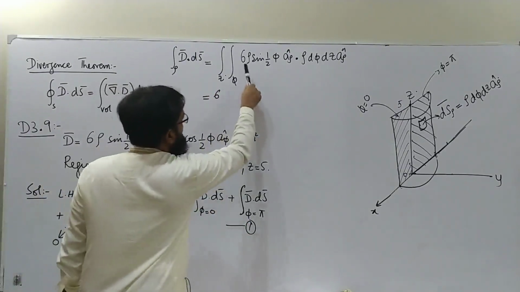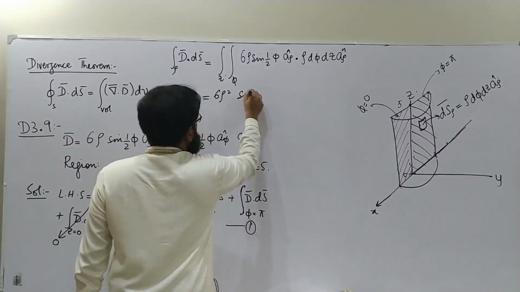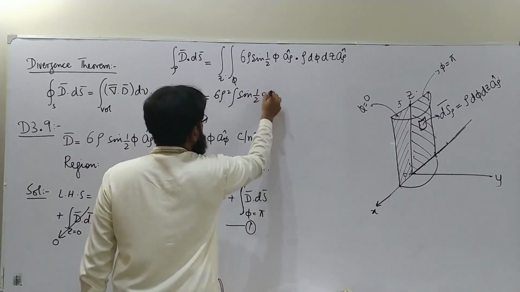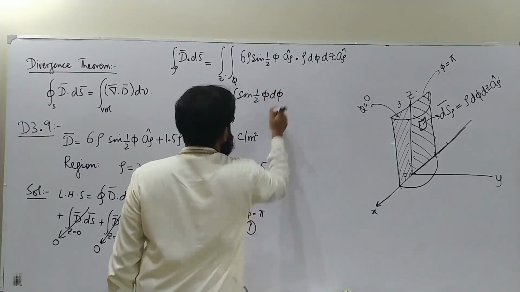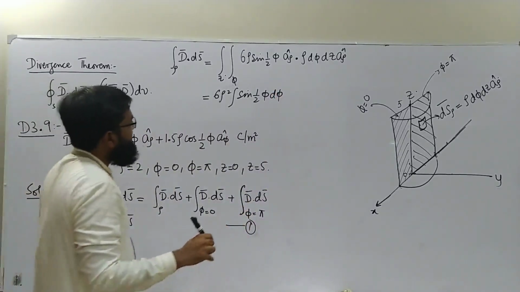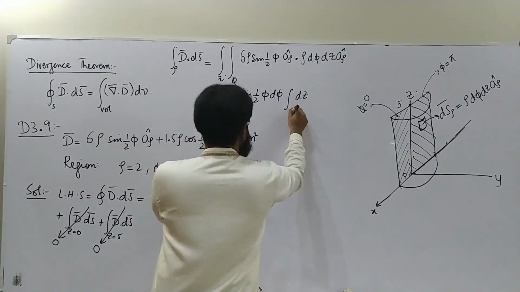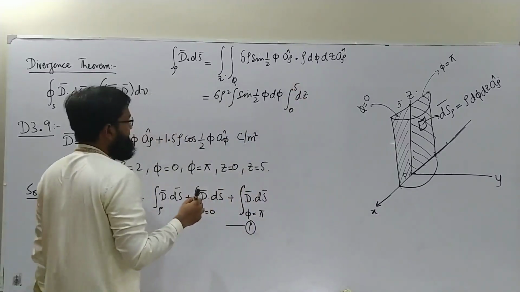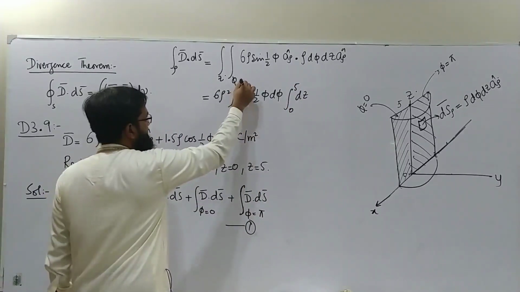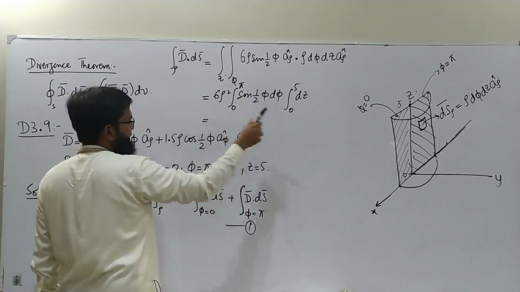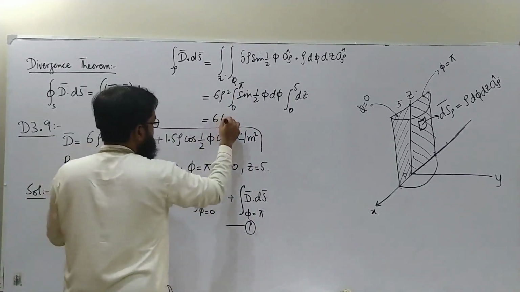So 6 should be taken out, rho squared should be taken out, and in the integral we should have sine half phi d phi and dz. Z is from 0 to 5, and phi from 0 to pi. Now the value of rho is 2, so 2 squared.